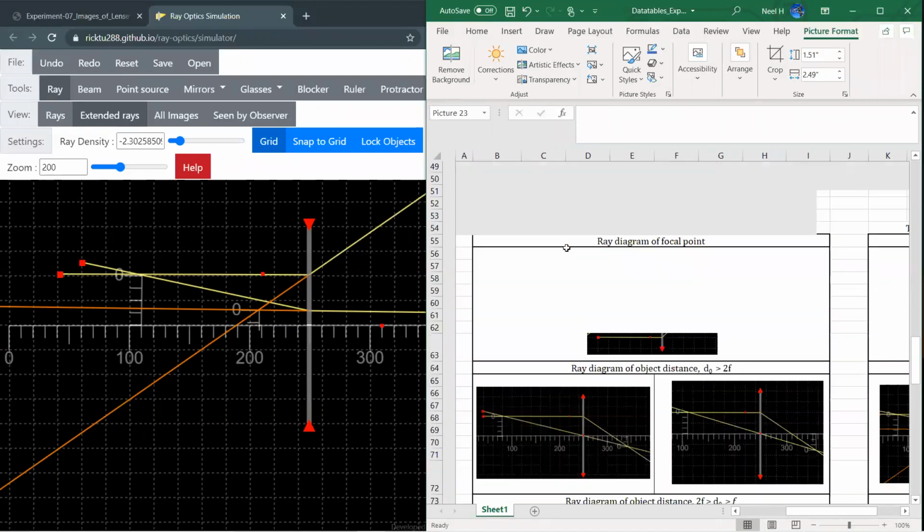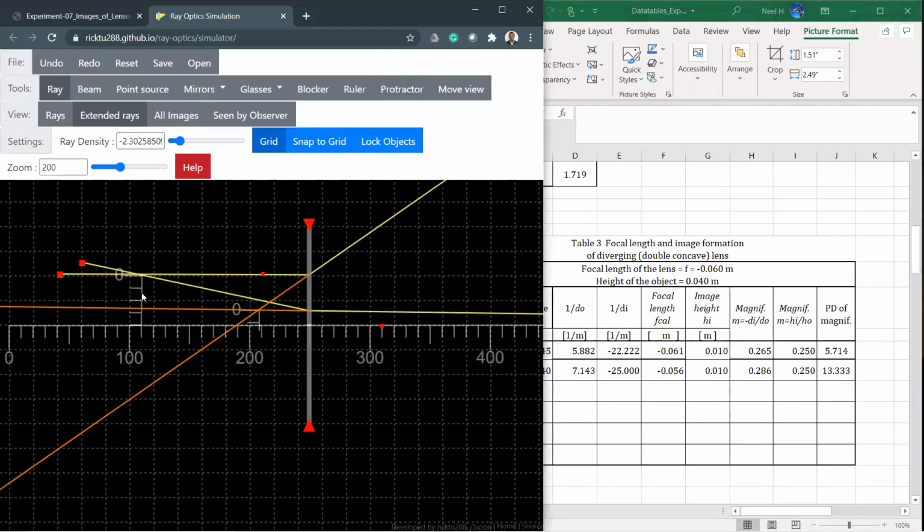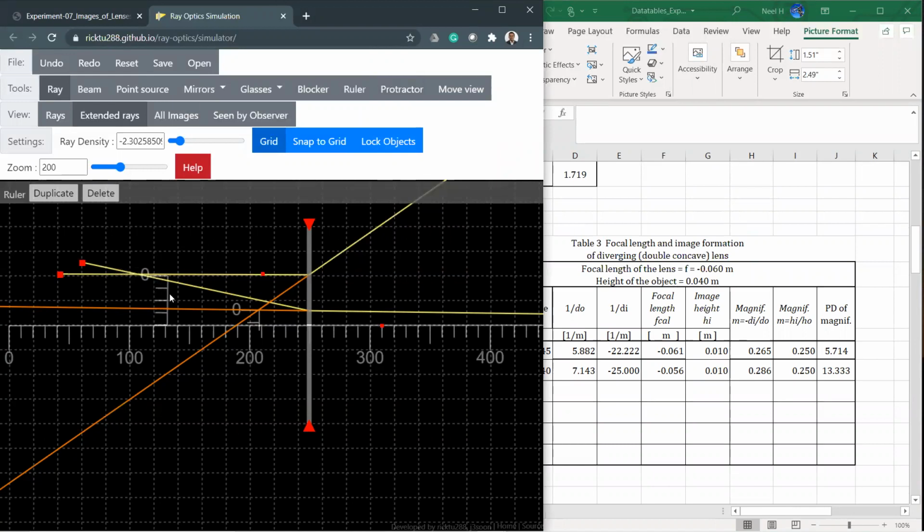So let's bring the object much closer to about the 10 centimeter location. Click and drag to 10 centimeters right here. The parallel ray we can leave as it is, the other ray we have to realign.